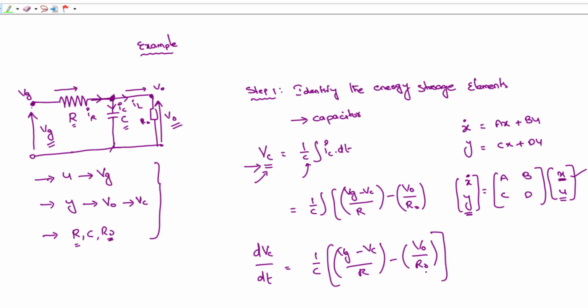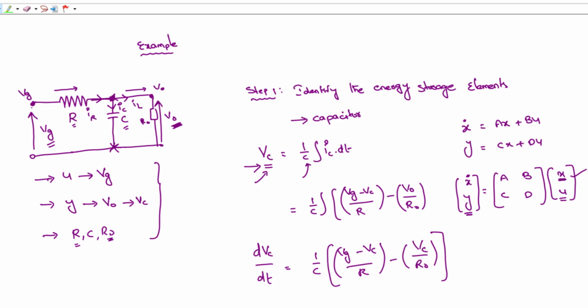One important thing to take into consideration: V0 is equal to Vc, right? The voltage drop across the output is equal to this voltage drop here. I will represent V0 as Vc directly.